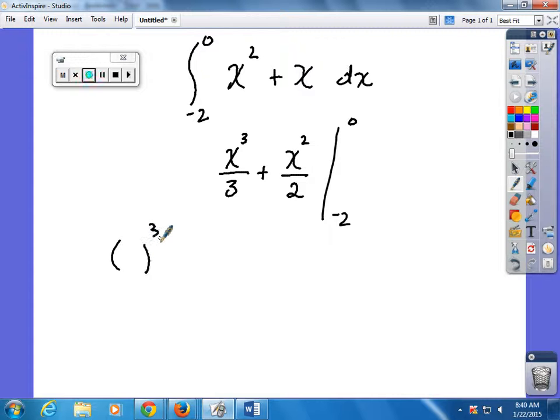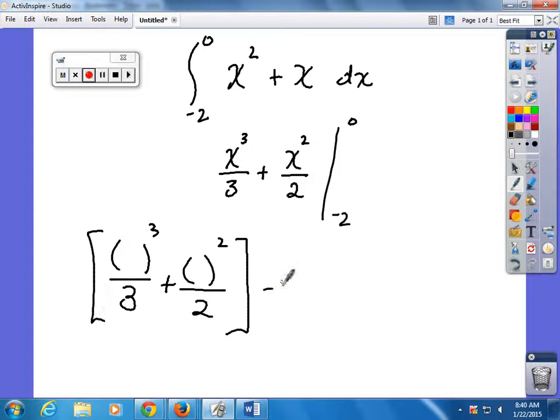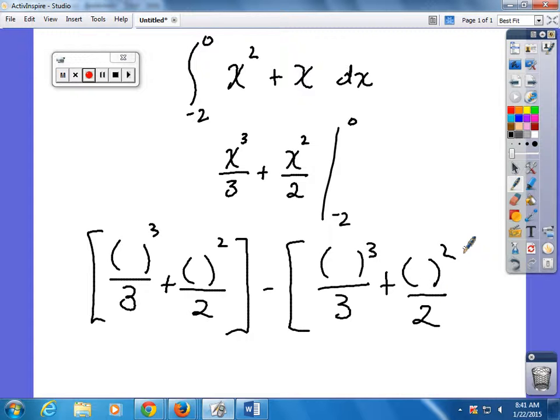Parentheses cubed over 3 plus parentheses squared over 2, minus parentheses cubed over 3 plus parentheses squared over 2. And here I'm going to plug in 0, and here I'm going to plug in -2.